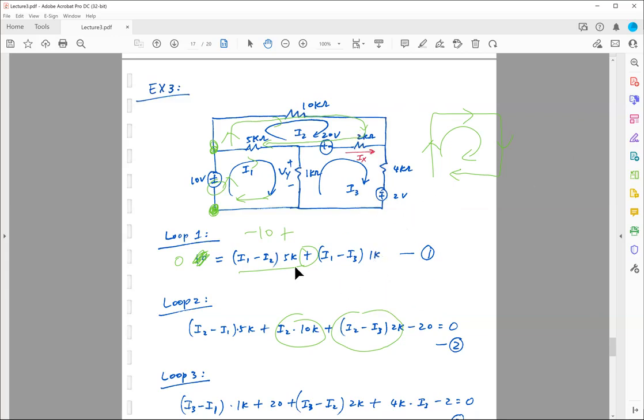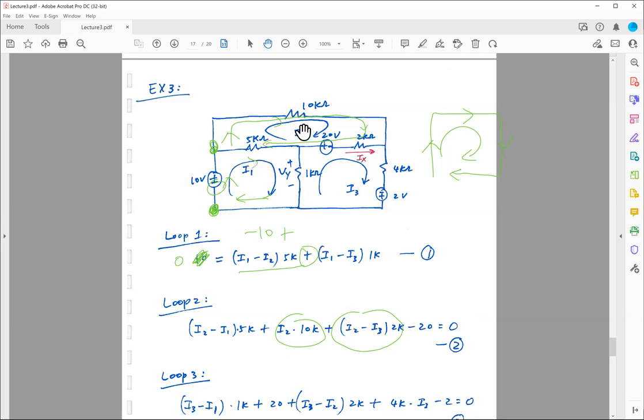Plus, right, summation, I'm using KVL, so plus negative 20. Why negative? Because if you look at the sign, this is minus. So plus minus 20, or simply just minus 20 in the notes. Keep going to the left, I see this 5K. So 5K is shared between the I1 loop and the I2 loop.